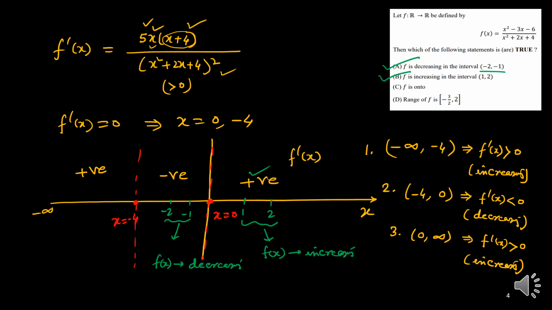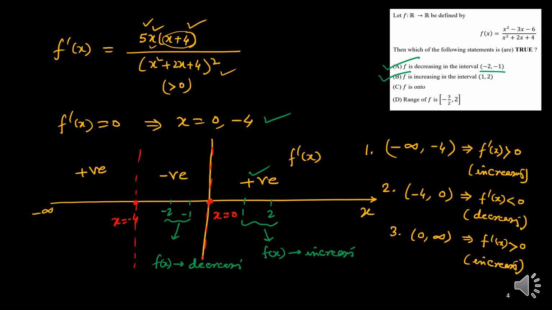Range means how the function value will vary from maximum value to minimum value. So I need to find out that maxima and minima. I have considered these two, that f prime x, the derivative of f of x, will be 0 at x equal to 0 and x equal to minus 4. So at these two points I can have maxima or minima.